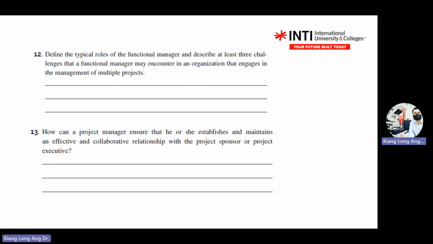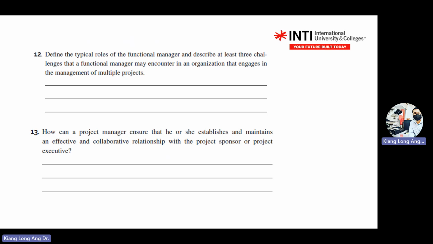Project executive is those general managers, your CEO. Sponsor is those that give you money, give you resources.